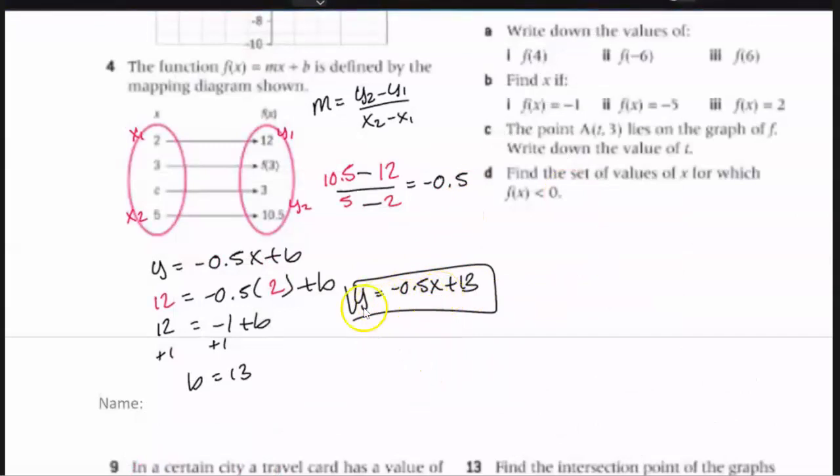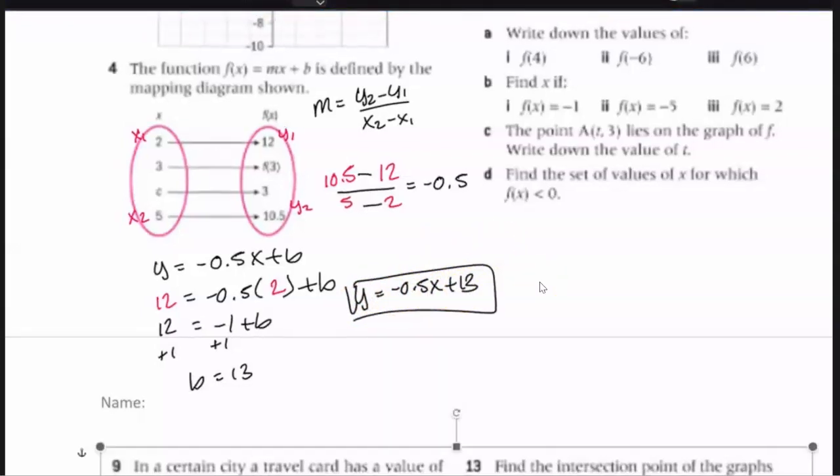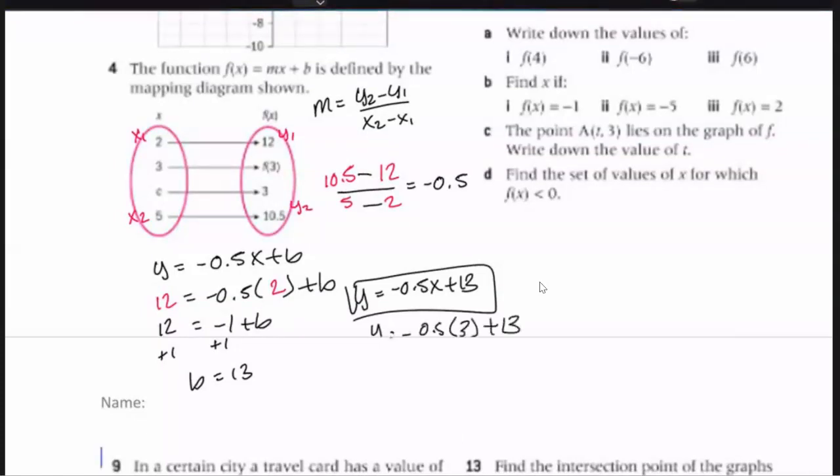So you'll have y equals negative 0.5 times 3 plus 13. You'll use your calculator to solve it.